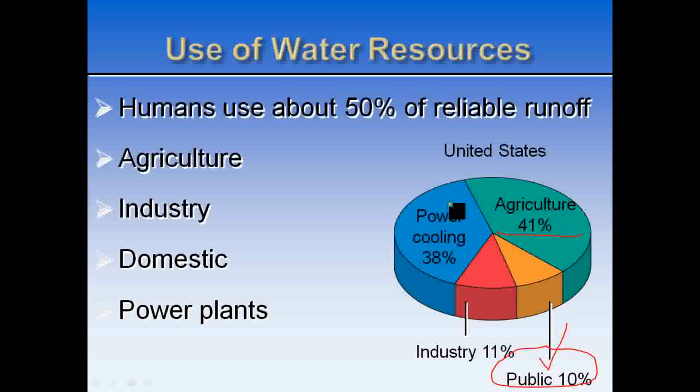When we talk about power, all of those coal-burning power plants, remember how that works. Do you remember how it works? We boil the water to make the steam, and we boil the water in a coal-burning power plant by burning the coal. 38% of our water gets used at power plants.